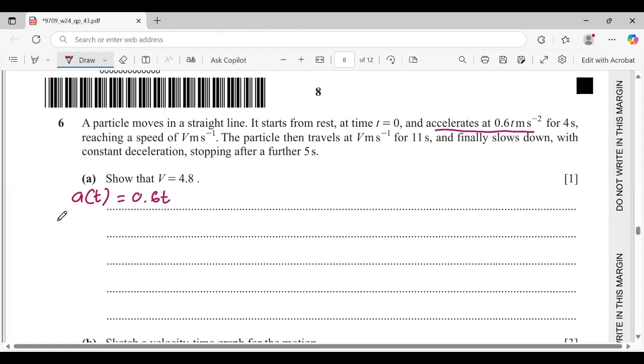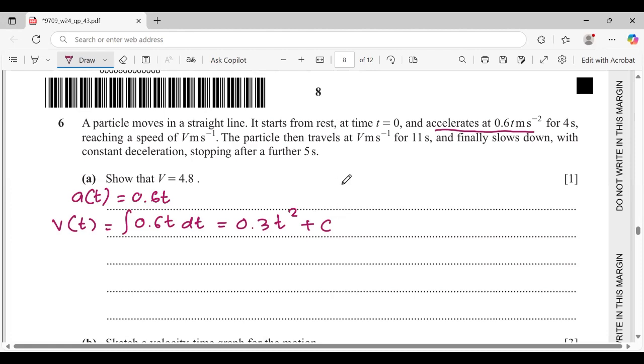And to find the velocity, we are going to find the integral of acceleration, 0.6 t dt. So it is 0.3 t squared, because 0.6 divided by 2 equals 0.3, plus c.